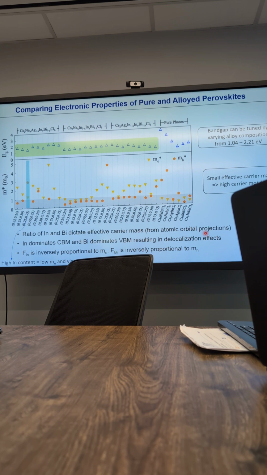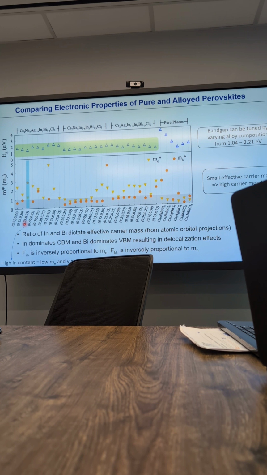And so one trend I realized is that the fraction of indium, because it dominates the conduction band, is inversely proportional to the mass of the electrons. What that means is, in this system, for example, okay, I highlighted this, so I'll talk about this. This shows X and Y, right?